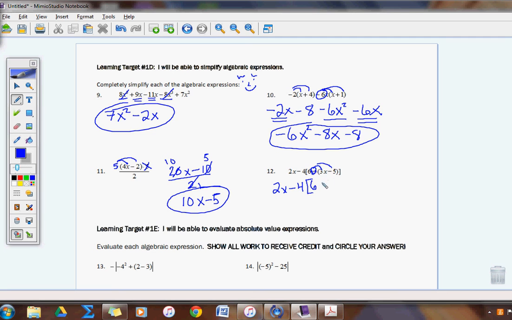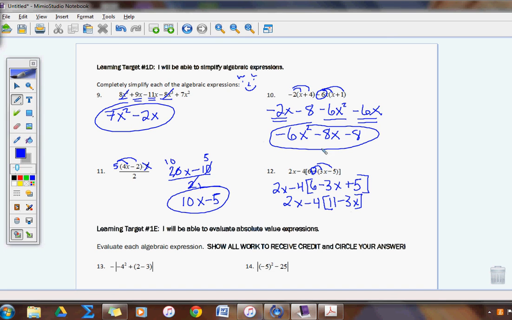The negative comes through, so I have minus 3x. Then the negative comes through again. Negative times a negative is a positive, and I'm positive about that. And then we have that. So now on the inside, we want to combine like terms. I have 2x minus 4, bracket, 6 and 5 make 11 minus 3x.